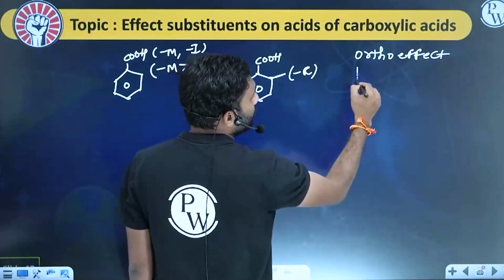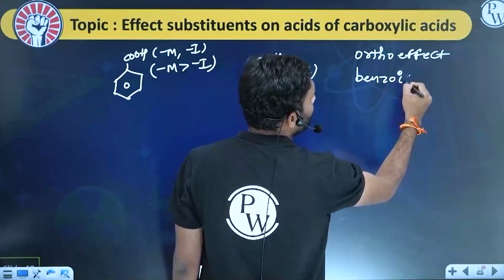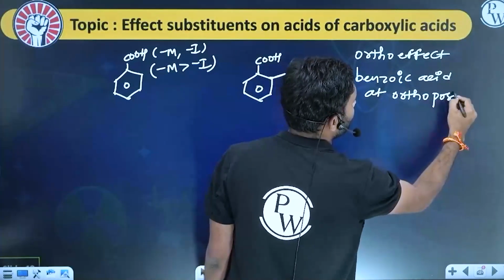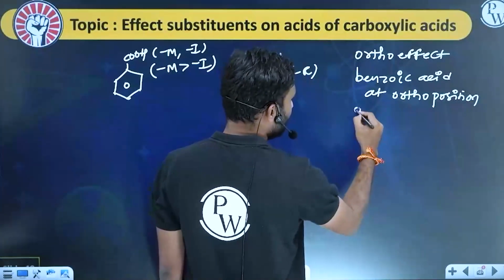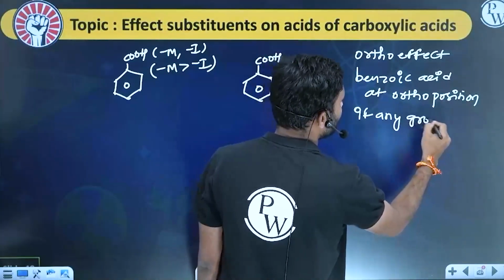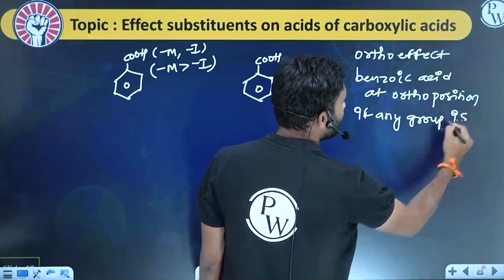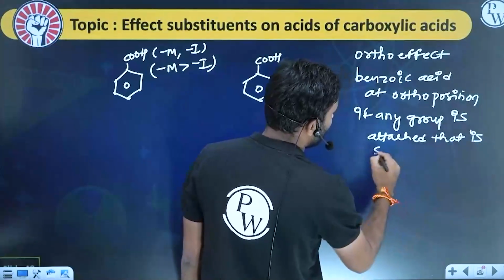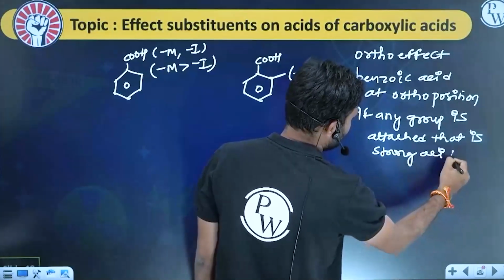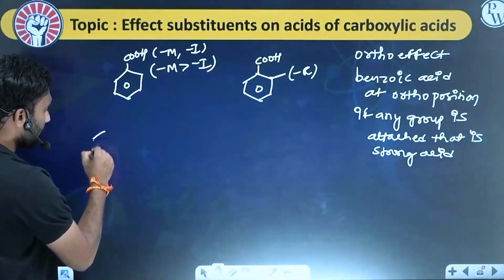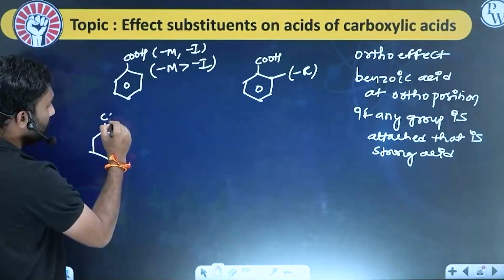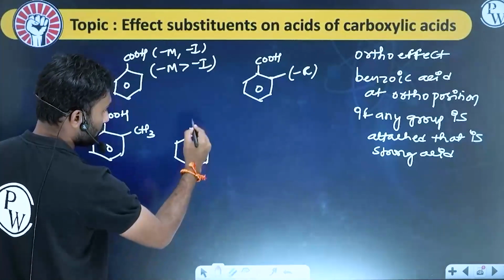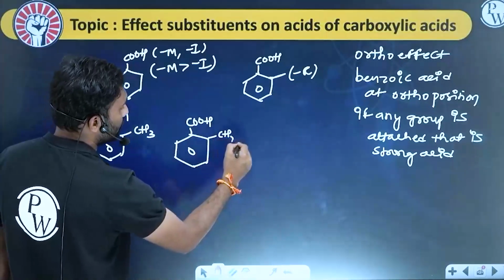Now, in benzoic acid, if any group is attached at the ortho position, that is a stronger acid. Take COOH with CH3, then CH2 and CH3.